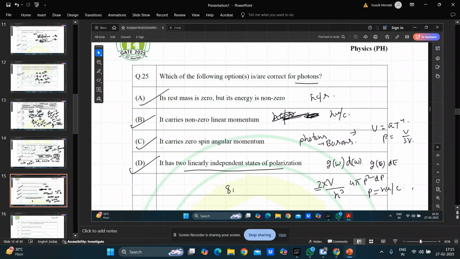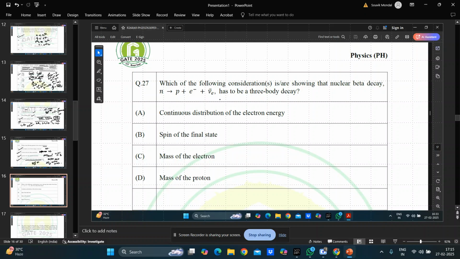That's why your g(nu) is something like 8 pi nu square by c cube d nu. Otherwise, there would be 4 pi nu square by c cube. The factor of 8 comes from multiplication by 2, because of the two linearly independent states of polarization. So according to me, A, B, C, D all should be correct, but I think the answer key is not giving C as a correct option. Maybe I am wrong in something, but you can surely comment.